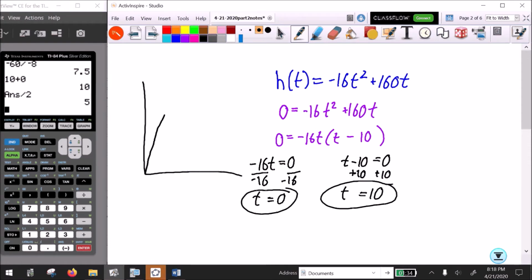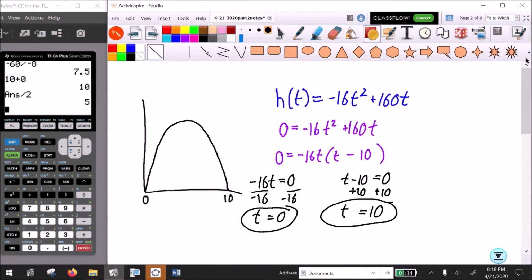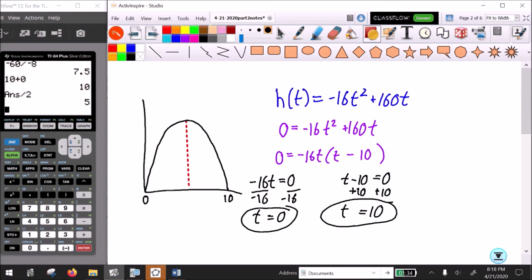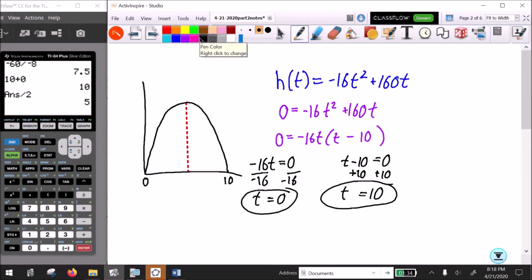So this projectile got launched upward. It came back down. It took 10 seconds for that to happen. And there's this little symmetric axis that we could draw, at which point the projectile reaches its maximum height. That occurs 5 seconds into its launch.